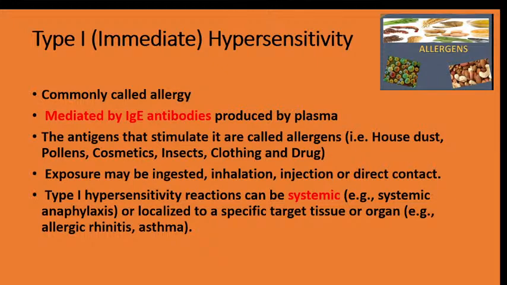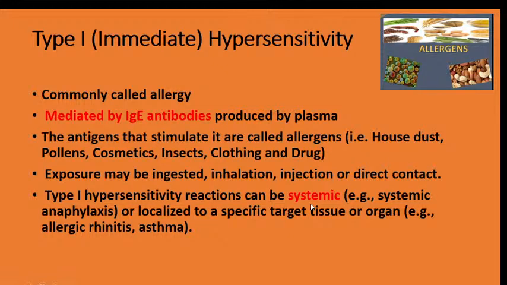And the type 1 hypersensitivity reactions are systemic. Systemic means it is associated with some specific target tissue or organ. That's why it's called systemic. Example, systemic anaphylaxis, or a particular organ, or it is localized to a specific target tissue.